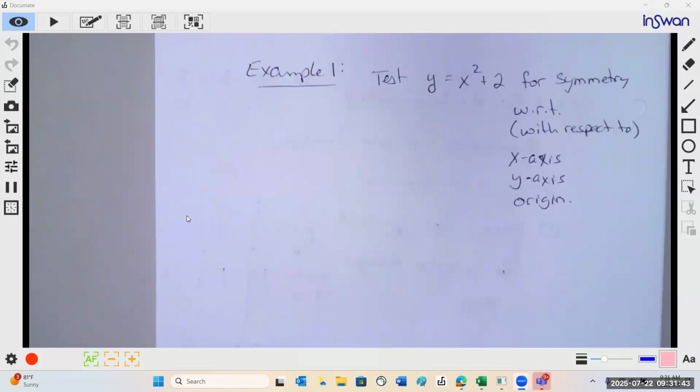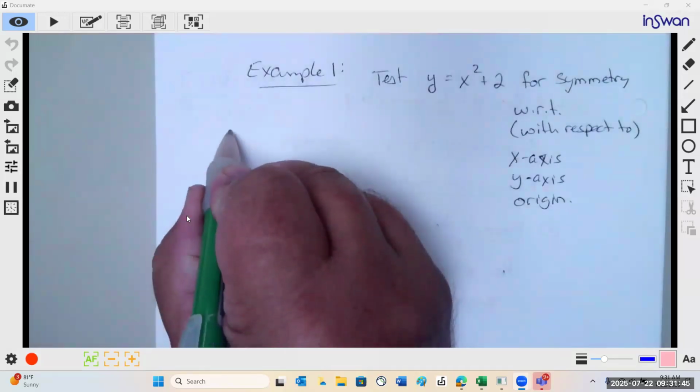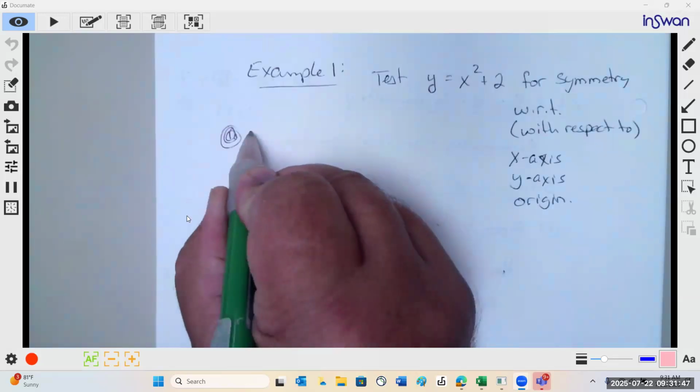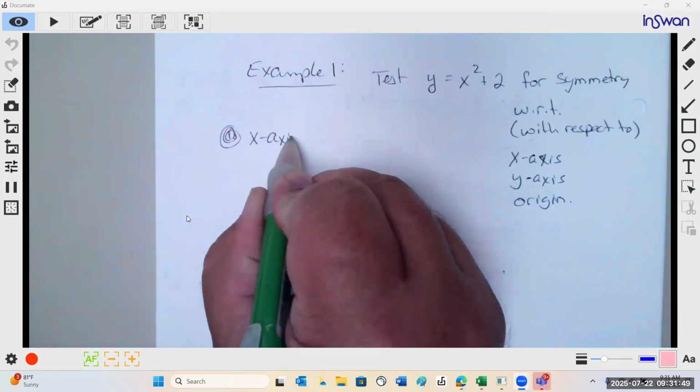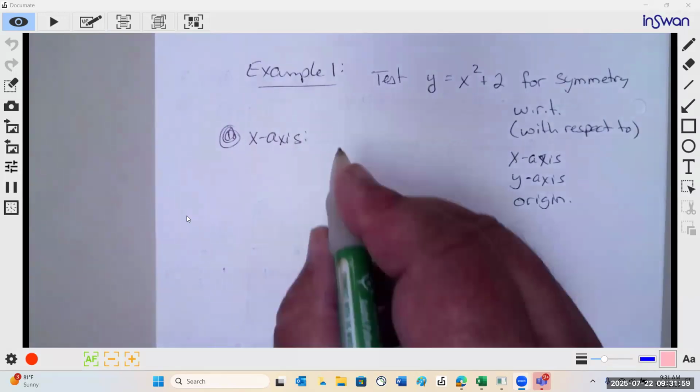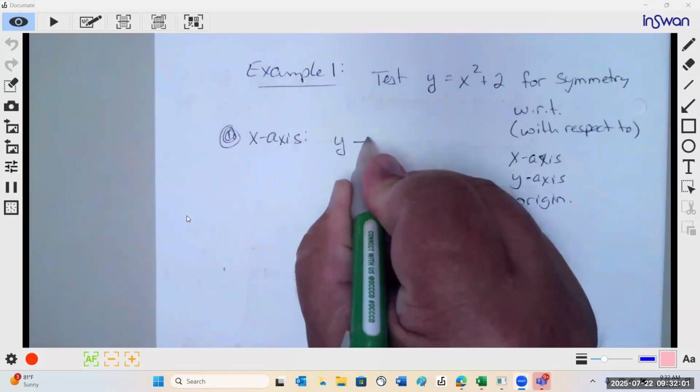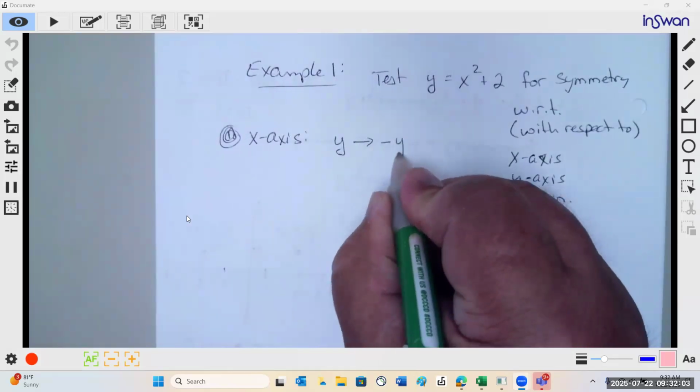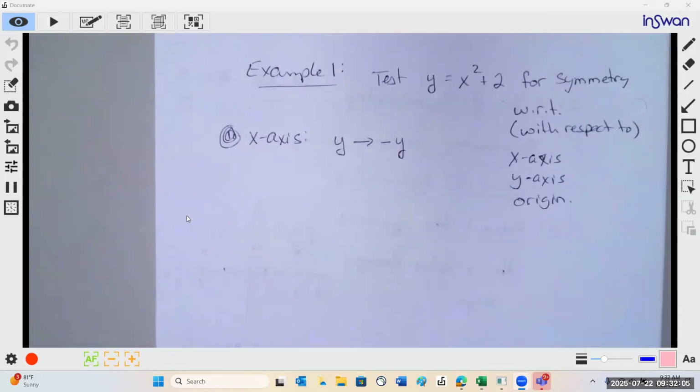Okay, let's look at how we do this. So for the x-axis, here's the first one. Remember, how do we know if it's symmetric about the x-axis? It changes the value of y. So y changes from positive to negative y, and we get the same value.